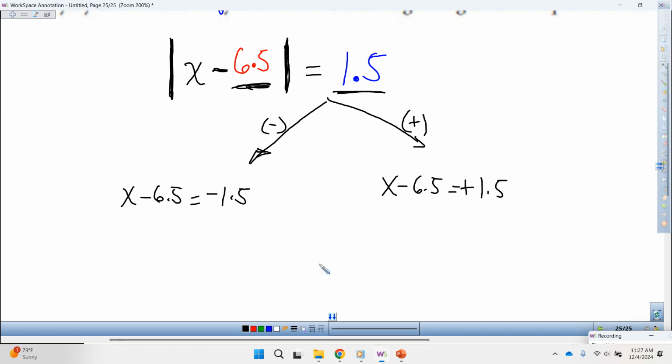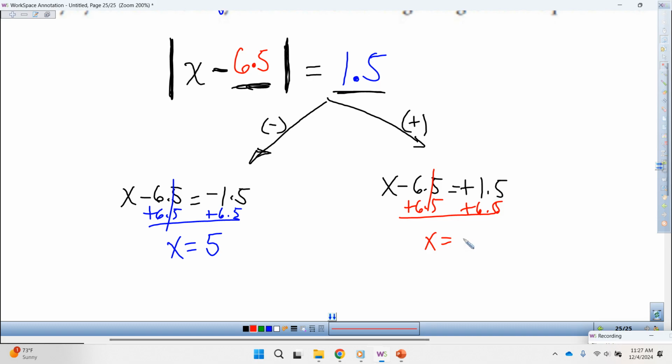All right, let's solve. Plus 6.5 plus 6.5, x equals 6.5 minus 1.5 is 5. Look at this one. Plus 6.5 plus 6.5, x equals 6.5 plus 1.5 is 8.